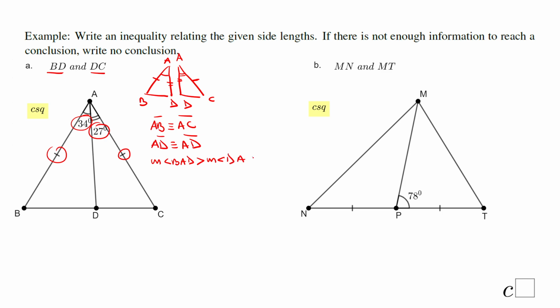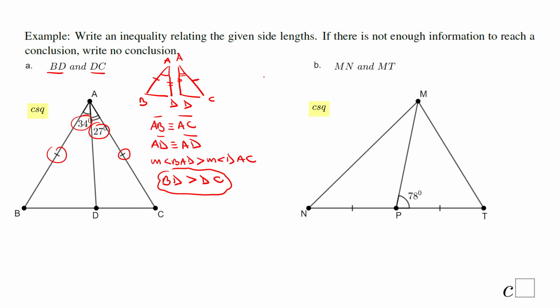We see the first one is 34, the second one 27. Therefore, what can we say? We can say that BD, because that is on the other side of the 34, BD should be greater than DC by the Hinge theorem.